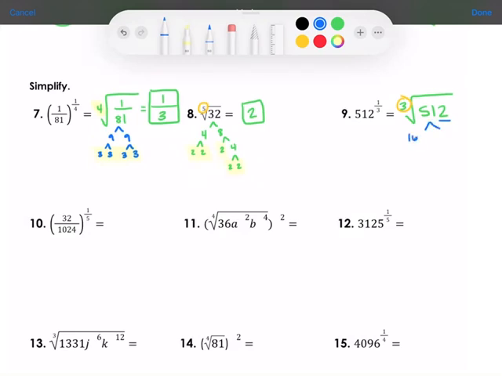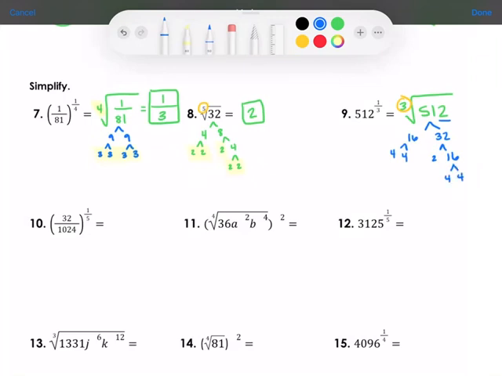So I'm going to divide 512 by 16, and sure enough, it does divide. I get 16 and 32 as my factors. I'm looking for groups of 3, so I'm going to keep going. I know 32 divided by 2 is also 16. So I have 2 16s, but I need 3, so I'm going to keep factoring down.